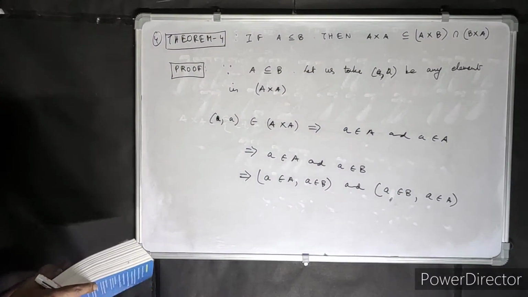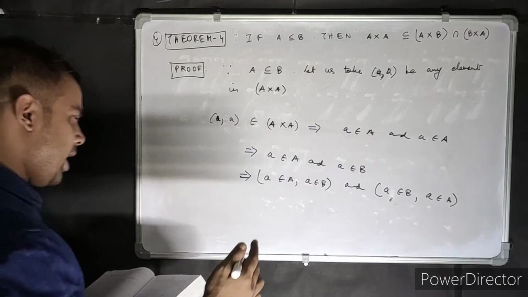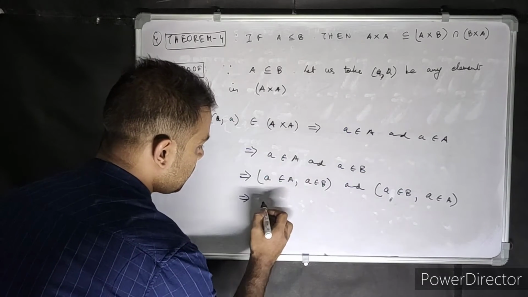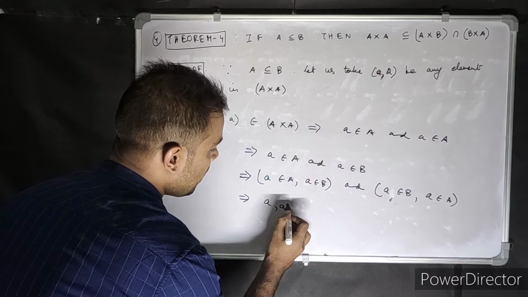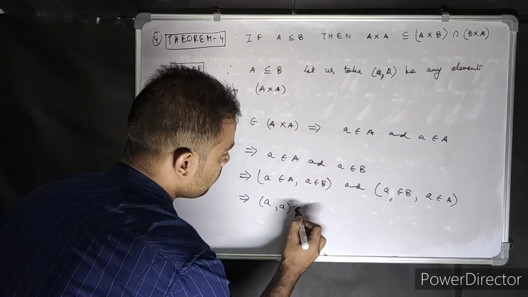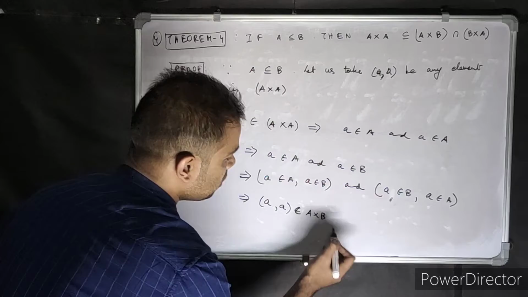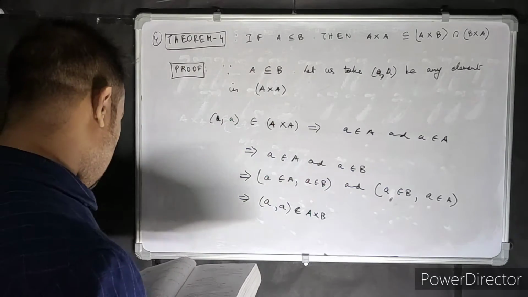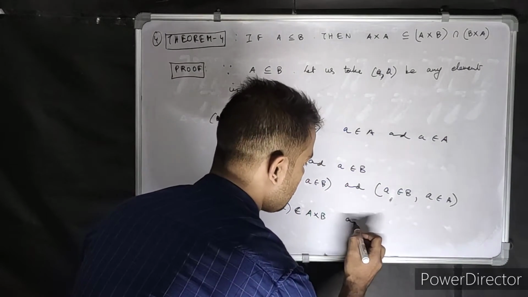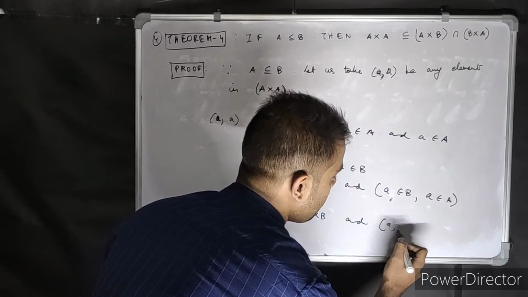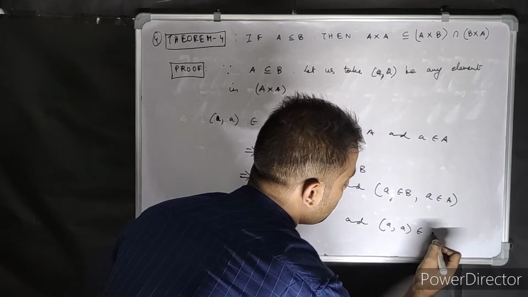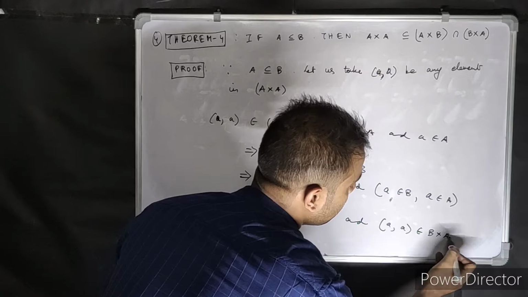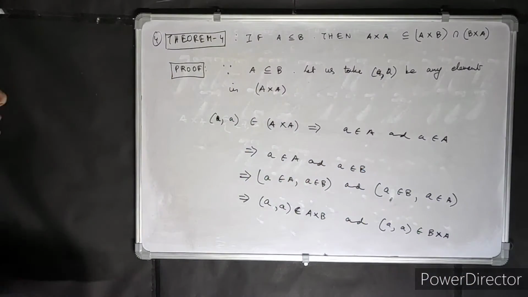Now look very carefully. What happens? This means that (a, a) belongs to A cross B, and (a, a) also belongs to B cross A. That means there is an intersection point.